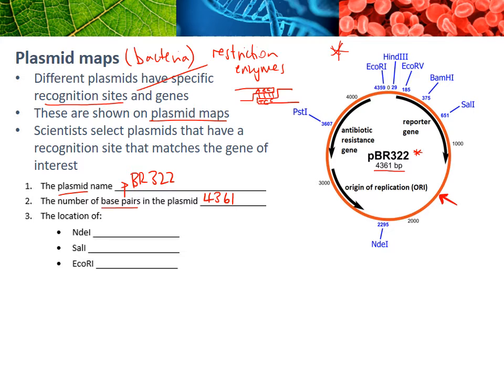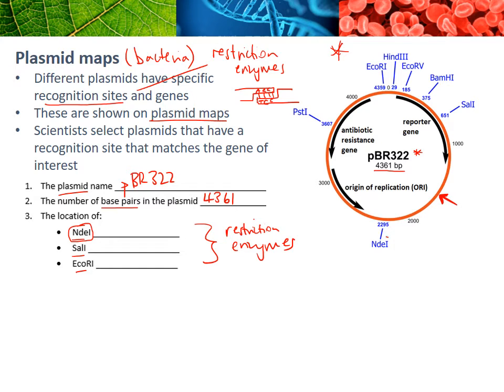Then we have the locations of specific recognition sites. And remember, these are the sites for specific restriction enzymes to cut. Okay, so I'm just going to go through one of these, and you'll need to write down the other ones to put into the quiz. So the location of this recognition site, you find it up here.